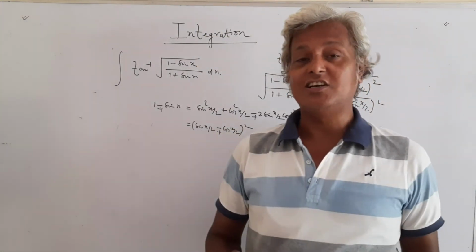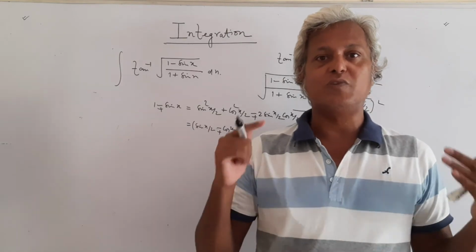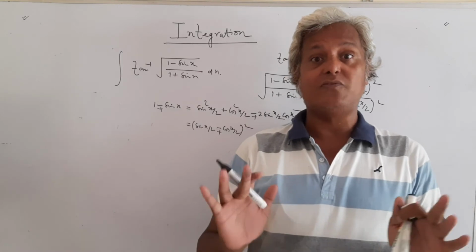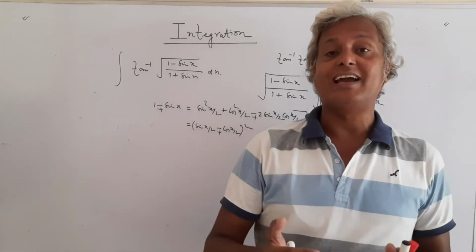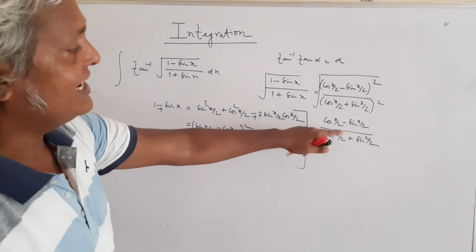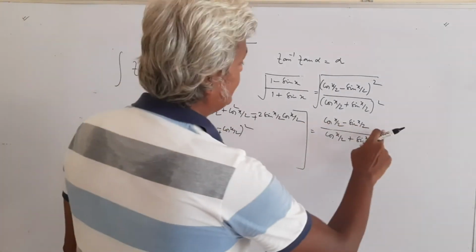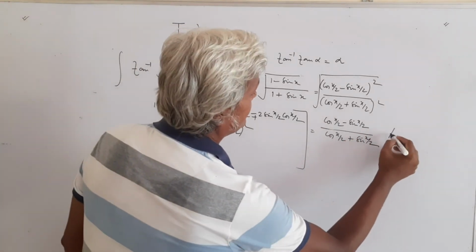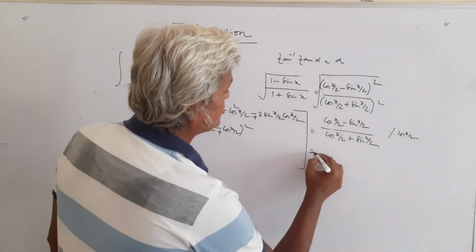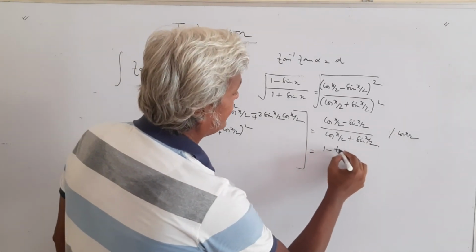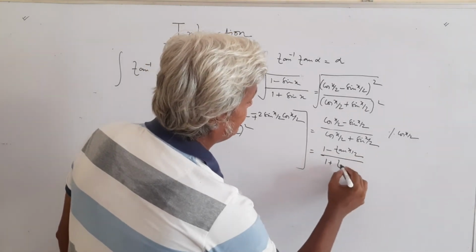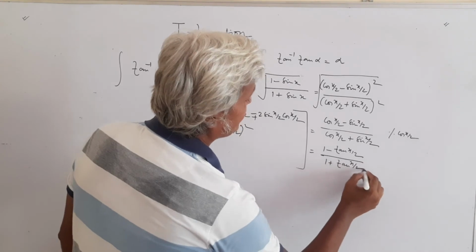If you are a young learner, you have to remember all the formulas, because when the formulas are in your head and you see the forms, they will suggest what kind of application is required. So here I'll divide up and down by cos x by 2. So this becomes 1 minus tan x by 2, and this is 1 plus tan x by 2.